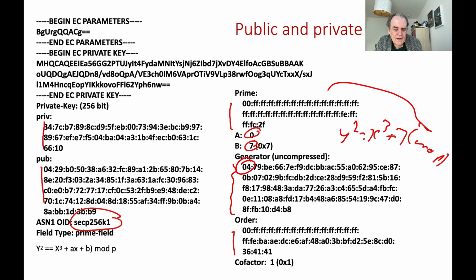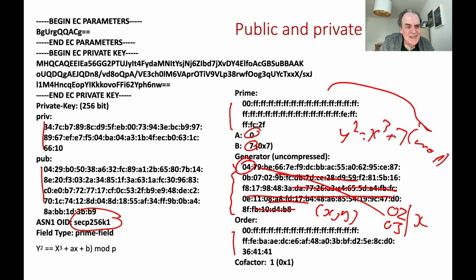The 0,4 here identifies that this is an uncompressed point, which means that it contains both the x value and the y value. If we saw a 2 or a 3, it's a compressed value where we only get the x value.